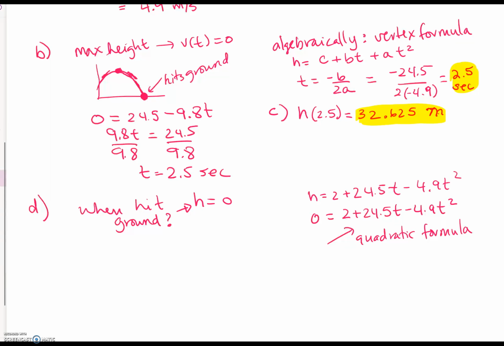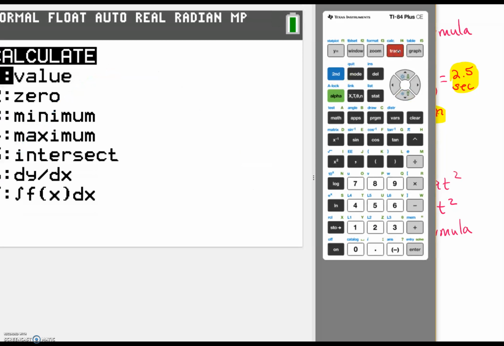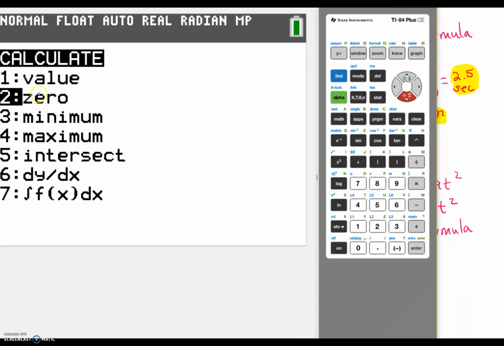Let's go to our TI and try to find it with our TI. So I'm going to do second trace, and now I'm going to go to number 2. The second option, right after value, is number 2, because I think the screen gets cut off here a little bit. There you can see it better. A 0 means the same thing as an x-intercept.